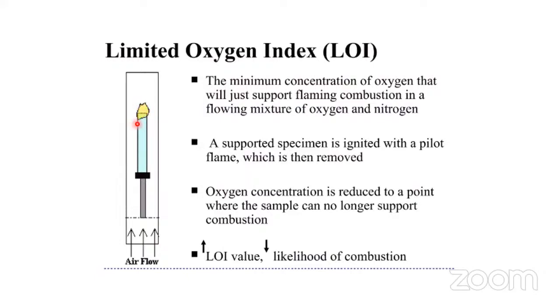If this is the 100% volume of your system, whatever the chamber is, then it is 28% filled by oxygen, and the remaining percent is nitrogen. So the maximum oxygen content at which it will restrict the flame is called the LOI, or limiting oxygen index. The higher the LOI, the more flame retardant your material is.